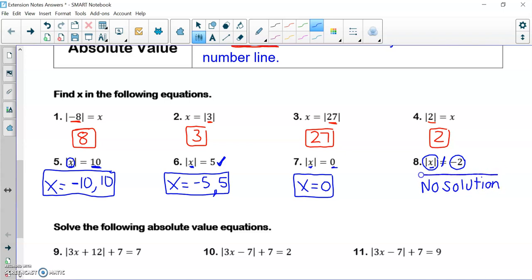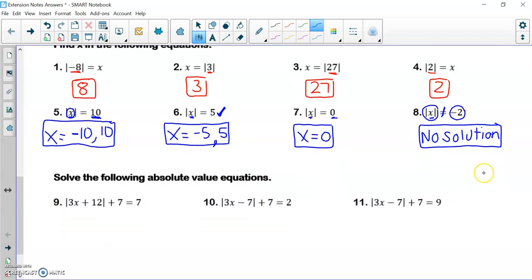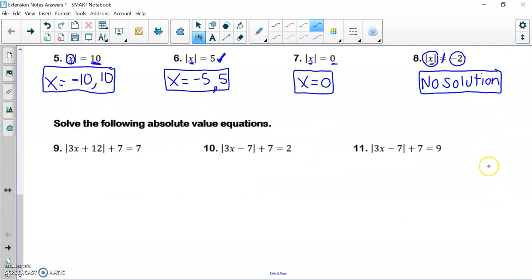All right, so this was just a little warm-up, and now we're going to get into the real equations. So when we solve absolute value equations, what we need to do is isolate the absolute values first. A couple of things: absolute values are not parentheses, so we should never ever distribute anything into an absolute value.